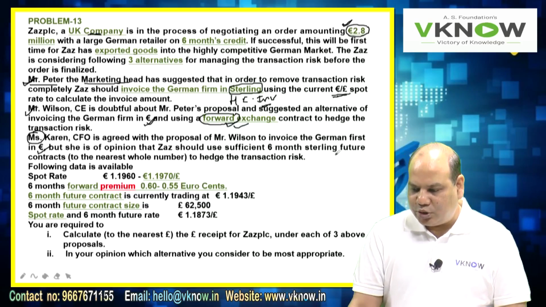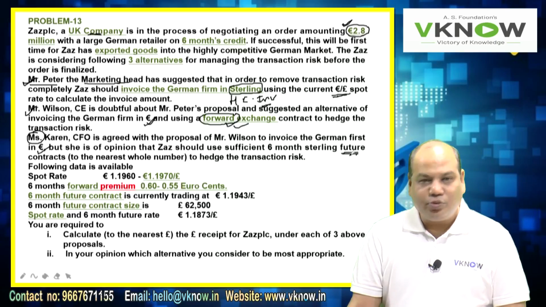That means we should take a future contract for hedging. Ms. Karan is of the opinion that we should take future. Wilson is of the opinion we should take forward. Peter is of the opinion that home currency invoicing is better. Now let us solve. The following data is available.